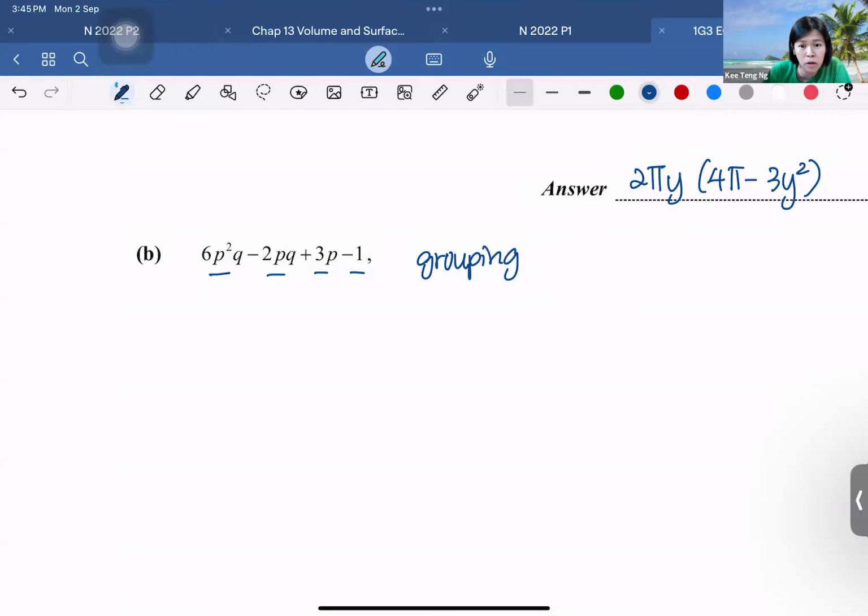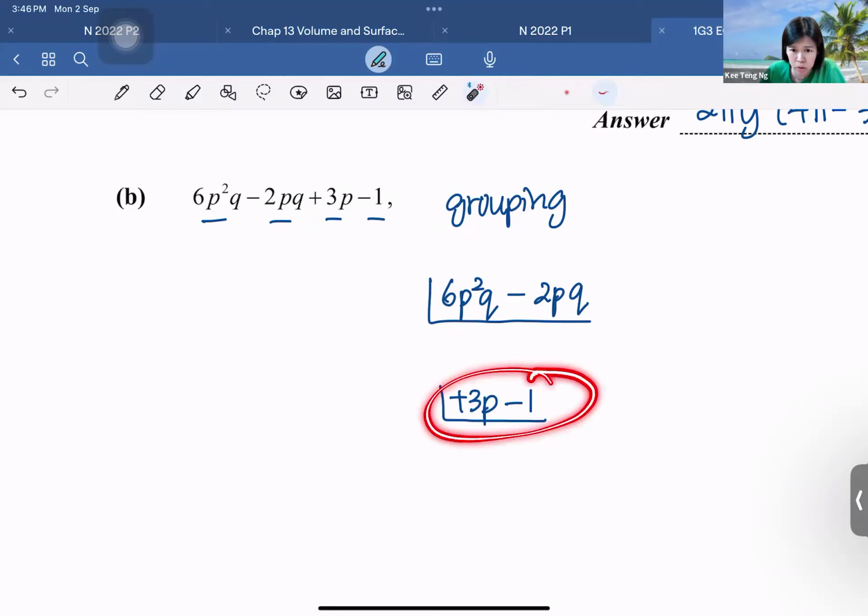If I follow according to this, my first group here, second group, I'm left with positive 3p minus 1. Then you'll be thinking, 3p minus 1, what's that to factorize? There's no common factor, for goodness sake. We try first, so let's take a look. 6p and 2, 3 is a common factor.